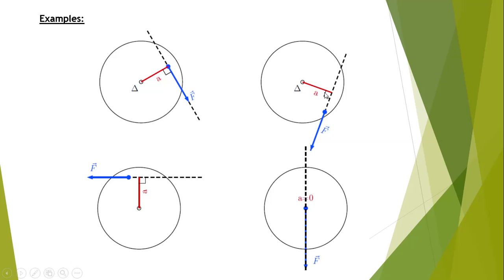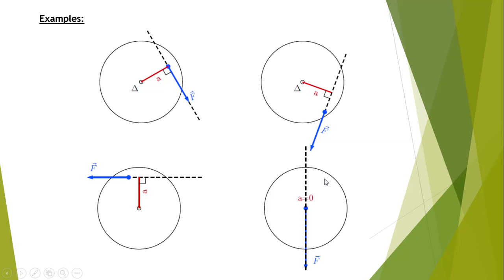And in this figure, this is the distance A, the perpendicular drawn from the axis of rotation to the line of action of the force.